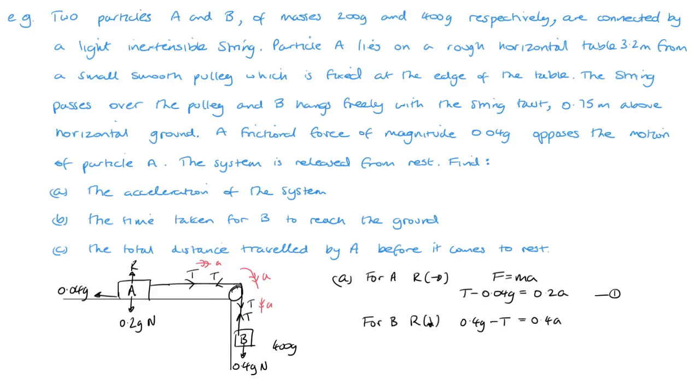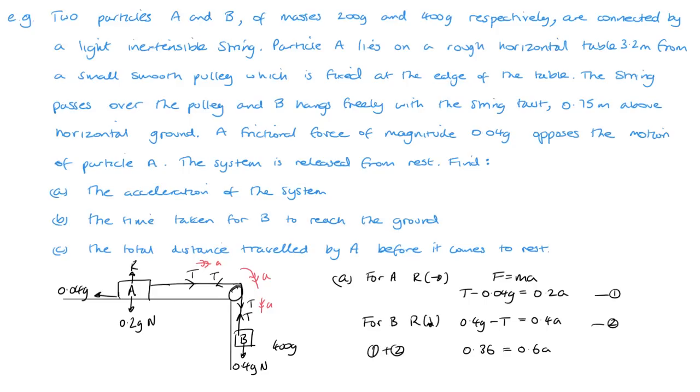So let's call this 1 and 2, and we're going to do 1 plus 2. When I add them, the T's are going to cancel, so we're going to have 0.4... no, that's 0.36, and then 0.6a.